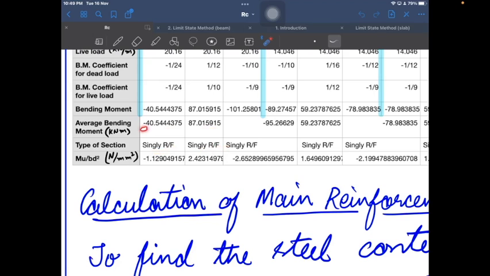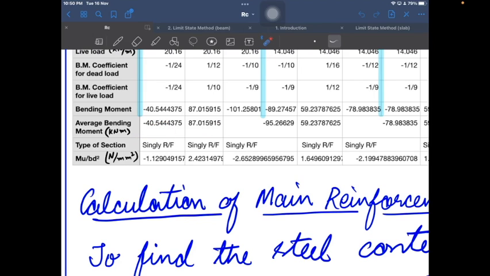Don't get confused with this sign. This is negative tension. This is also tension only. This is tension at the top, and this is tension at the bottom. So this sign is just notating that this is negative tension reinforcement. This is positive tension. This is not compression.